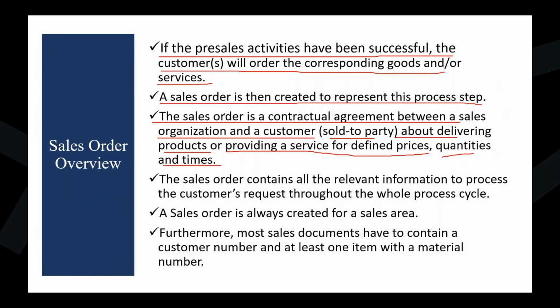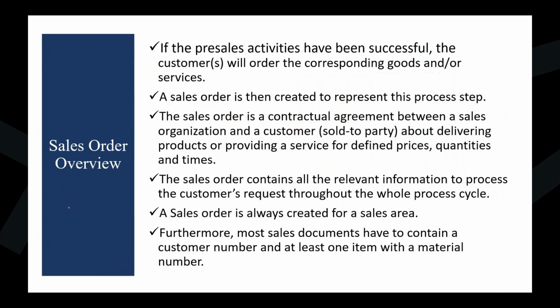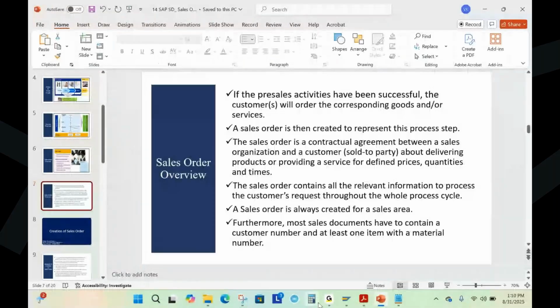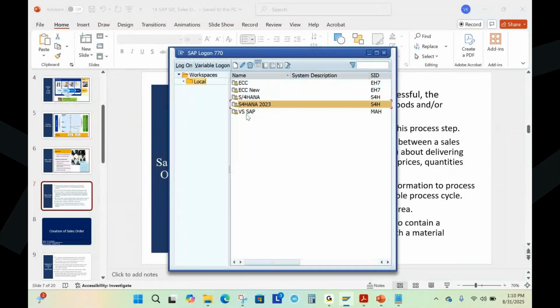So basically the sales order will contain all this information: what is the sales organization, who is the customer, to which sold-to party we are selling the product, what product we are selling, what price we have agreed upon, and what the quantities and times are. The sales order contains all the relevant information to process the customer request throughout the whole process cycle. So what I will do, I'll just show you one sales order first. So let me go to the system.